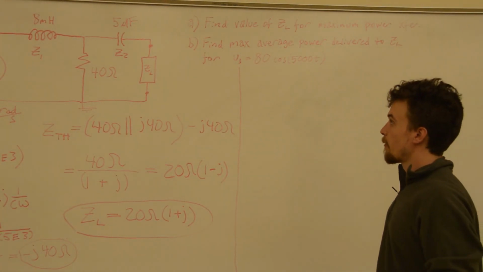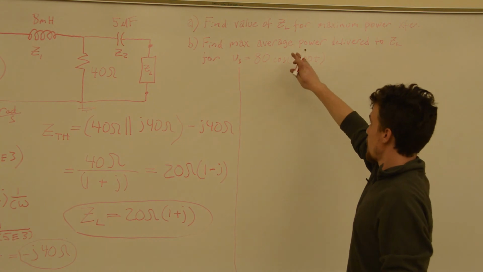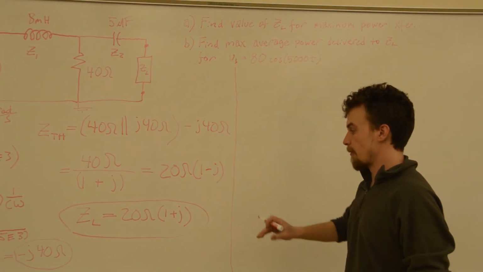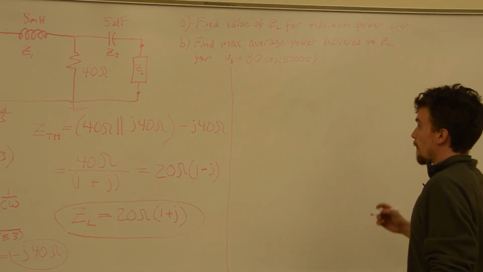Now for the second part of our problem, we are going to find the maximum average power delivered to the load impedance that we solved for in the first part.